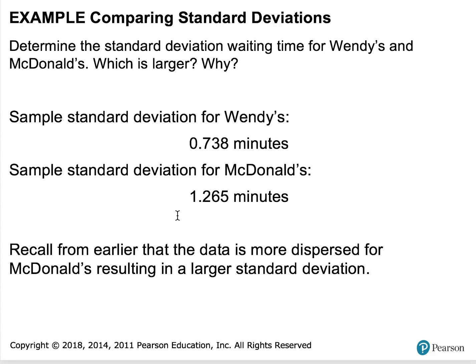So if we're comparing 2 populations, the larger the standard deviation, the more dispersed the distribution is. And also the units that we use to measure have to be the same so that we're comparing apples to apples. So don't forget, if I'm doing minutes here, I've got to be doing minutes here.